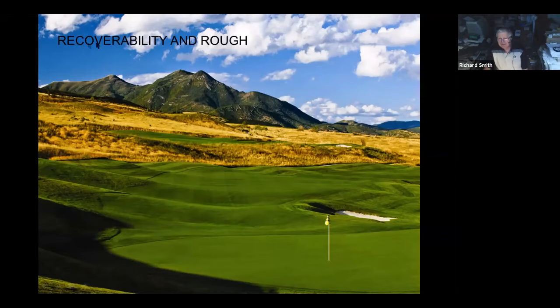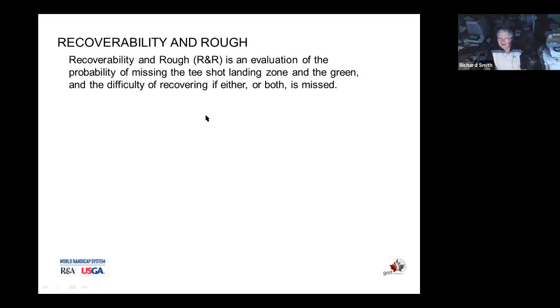Okay, the next one is recoverability and rough, and hardly ever do we talk about this with its full name. It's just R&R. It's an evaluation of the nature of the rough that we encounter if we miss the fairway at the landing zone, or miss the green.